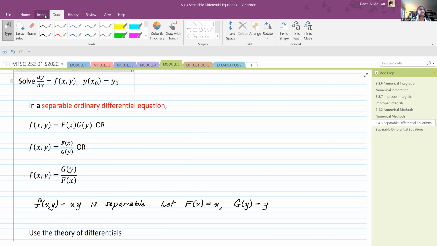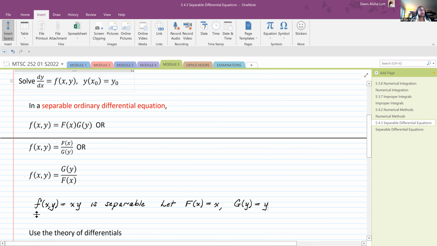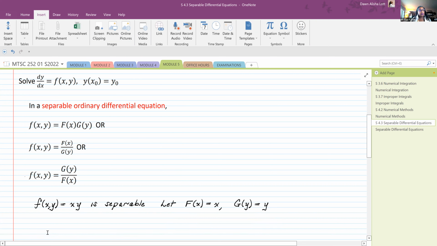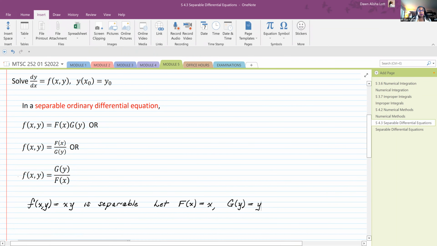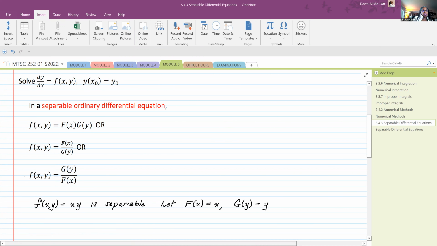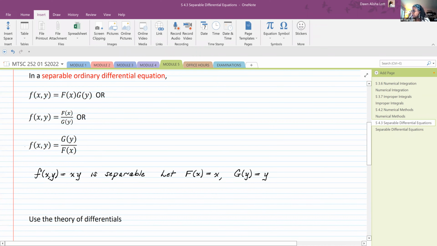But if I try to take, let's say, the tangent or the sine of that, it will not be separable. So if I have f of x, y maybe equals the sine of x times y, this function is not separable.